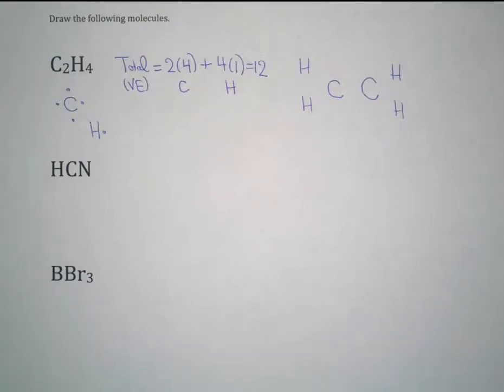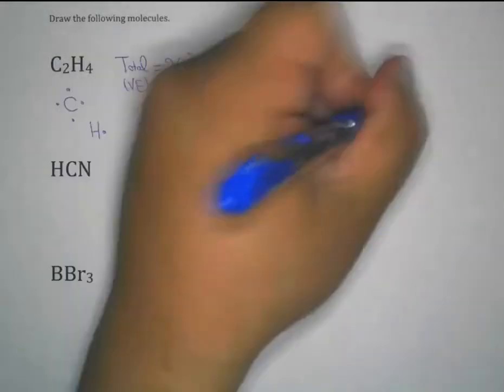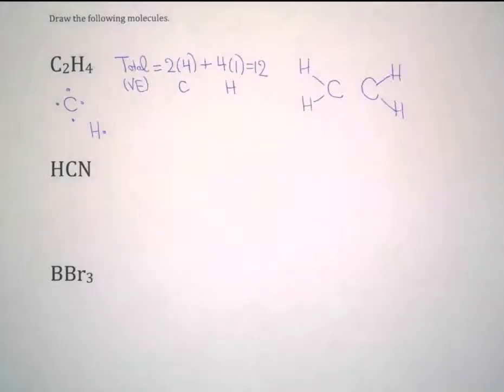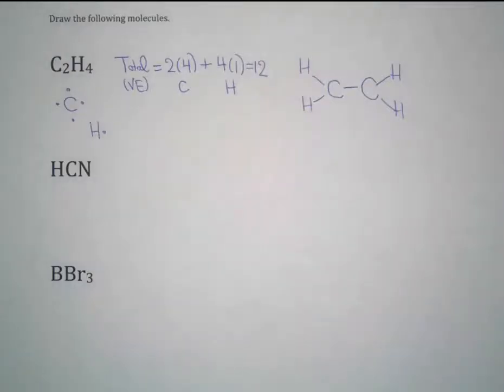With C as the center atom, first make a bond between C and H, and C to C. Now to satisfy the octet on C, another bond is needed between the carbon atoms.